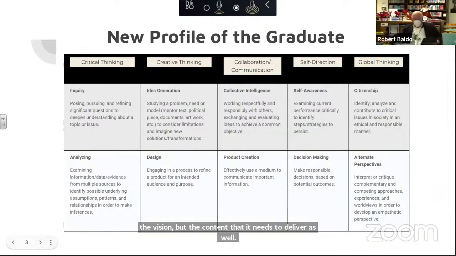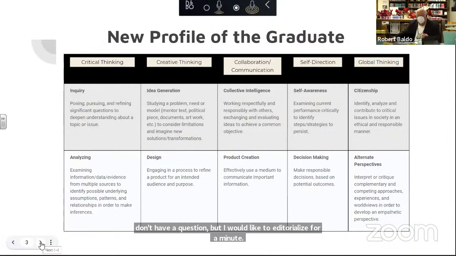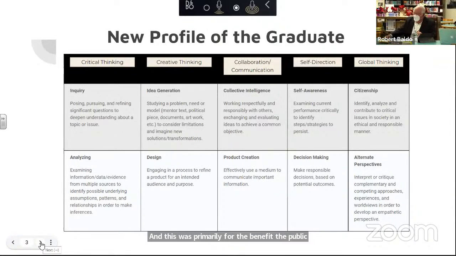I don't have a question, but I would like to editorialize for a minute. And this is primarily for the benefit of the public that attends and others. The role of the curriculum committee is for everyday citizens, neighbors, looking at and approving curriculum and the practices that take place in the district.